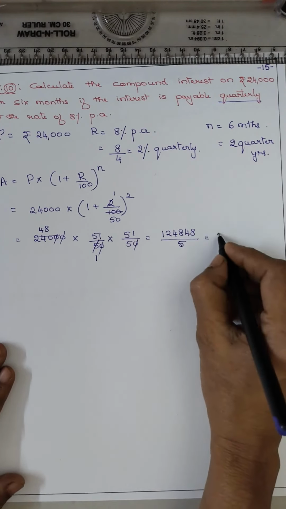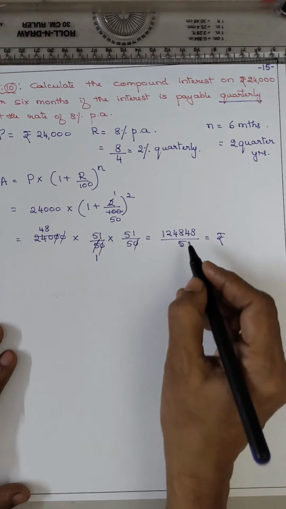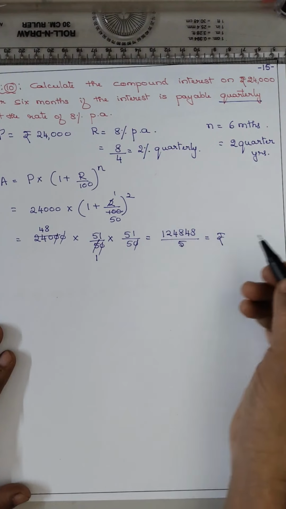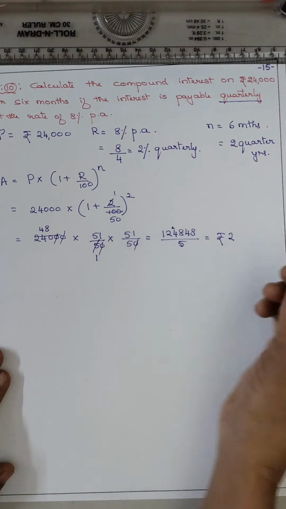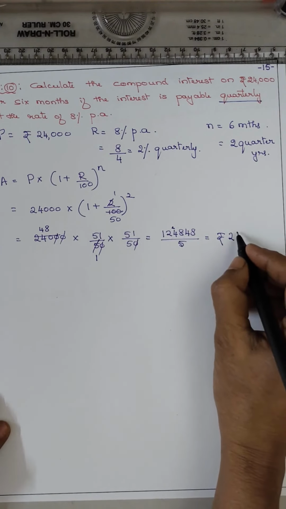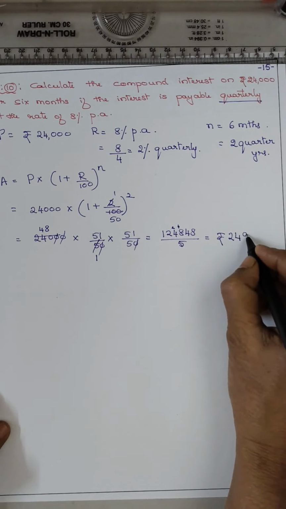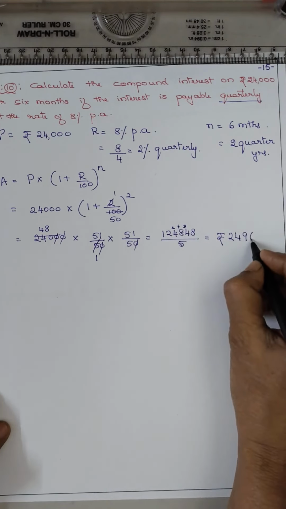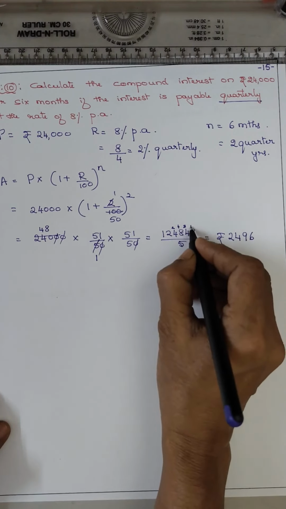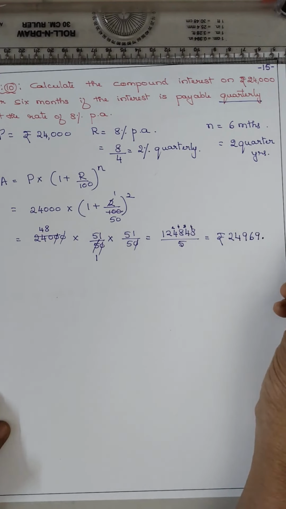So you will get rupees 5 2s are 10, 2 remains. 5 4s are 20, 4 remains. 5 8s are 40... 5 9s are 45, 3 remains. 5 6s are 30, 4 remains. 5 9s are 45.